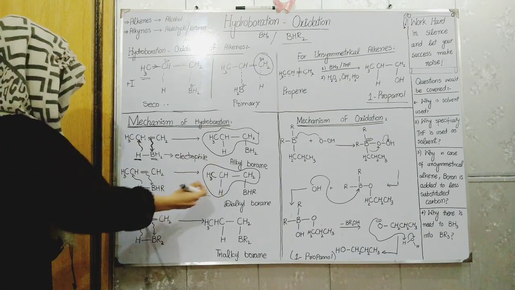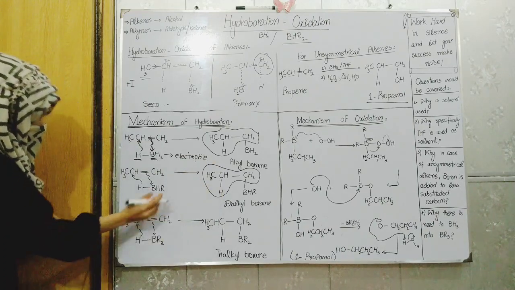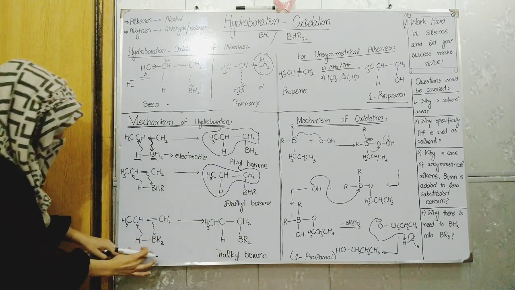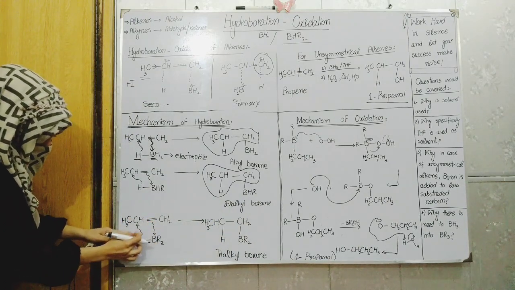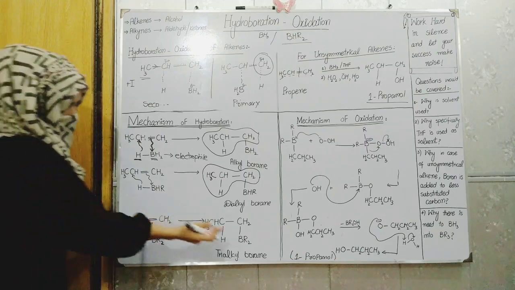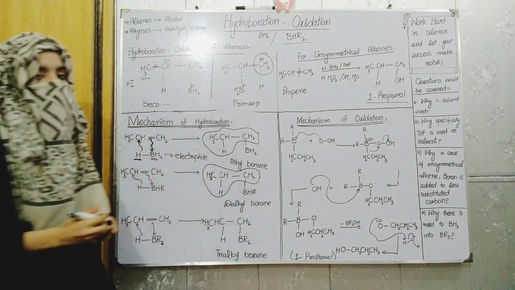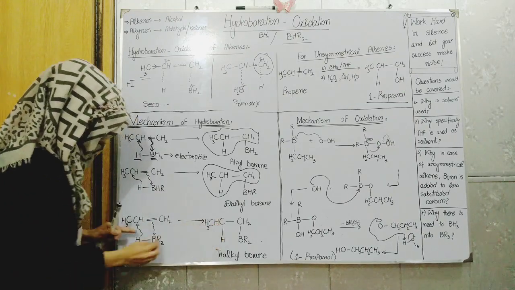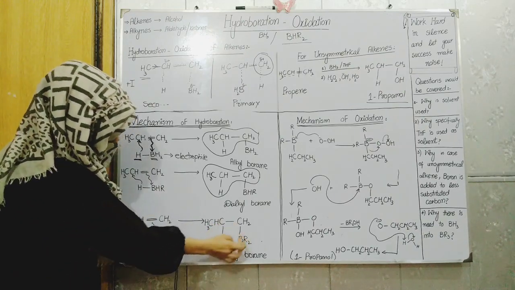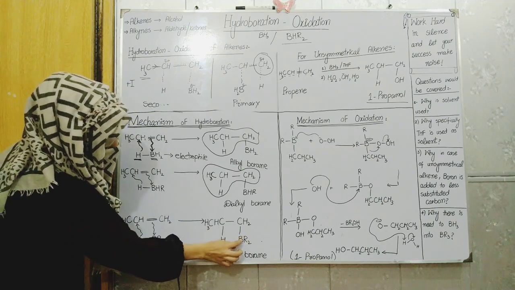Okay. Now this is another alkene molecule. This dialkyl borane again reacts with this alkene molecule, which acts as a nucleophile and attacks boron, and simultaneously this hydrogen will add, and we will get trialkyl borane. This hydrogen will add to that carbon, this boron will add to that carbon, BR2, and this is boron.